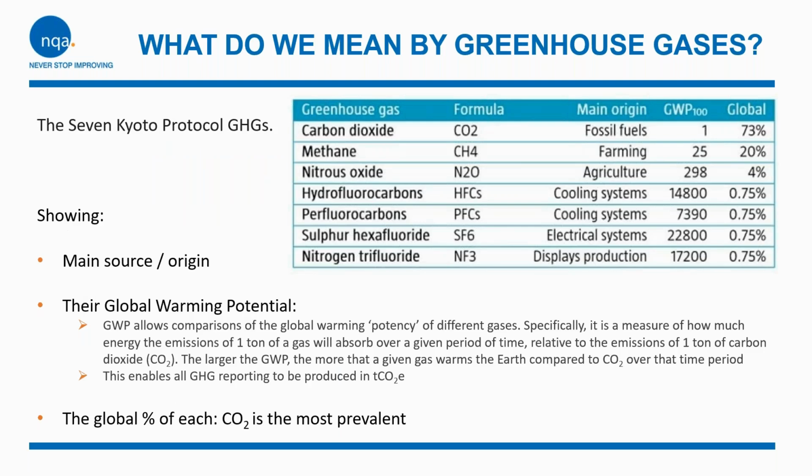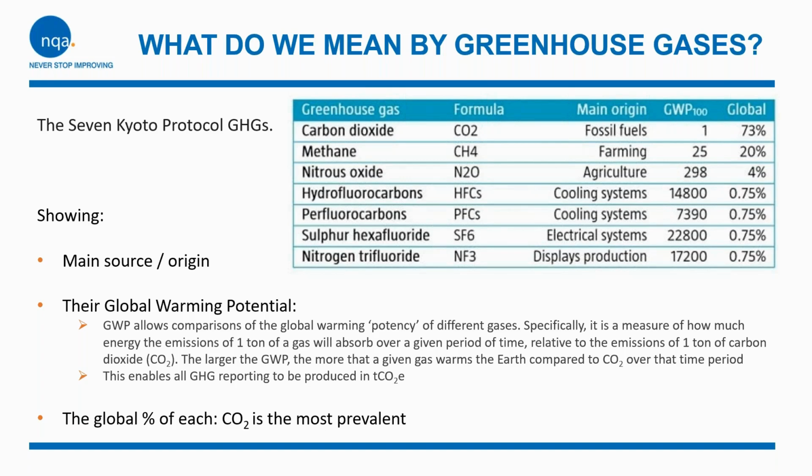So the actual greenhouse gases that we need to think about are defined within what's called the Kyoto Protocol, and it defines 7 different greenhouse gases which contribute the most overall and arise as a result of human activities.